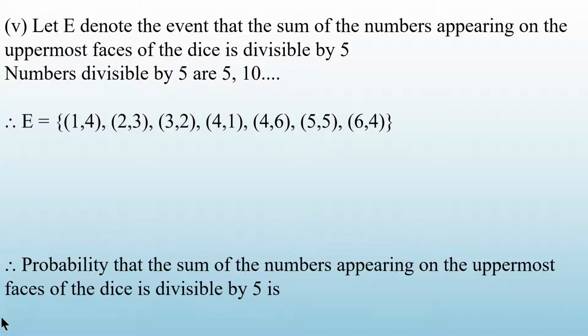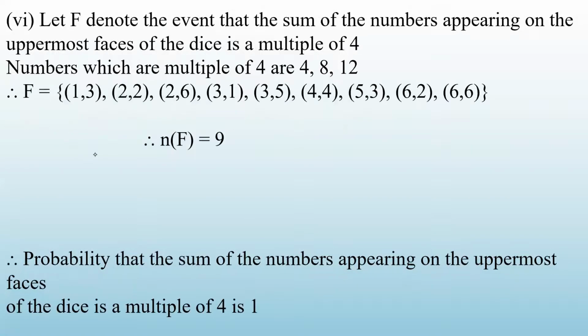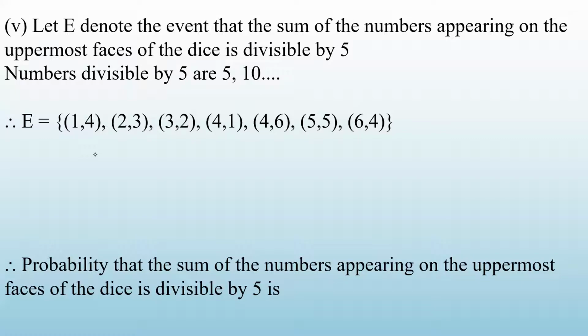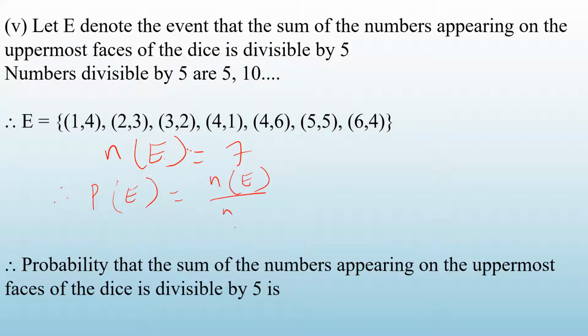How many are there? Number of points in E. Okay. So number of points in E is 1, 2, 3, 4, 5, 6, 7. Correct? So therefore, what is the probability of E? It is number of points in E divided by number of points in S. Correct?